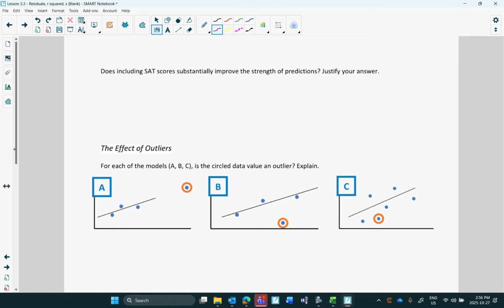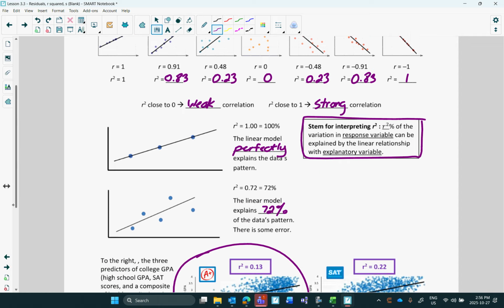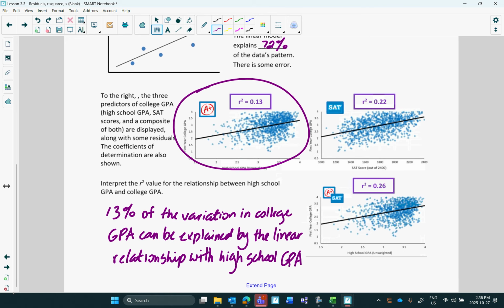Oh, sorry. Forgot to answer this question. Does including SAT scores substantially improve the strength of predictions? Well, what was R squared when it was just high school? 13%.